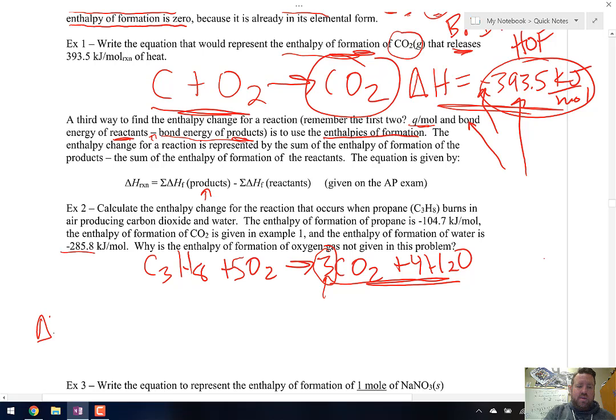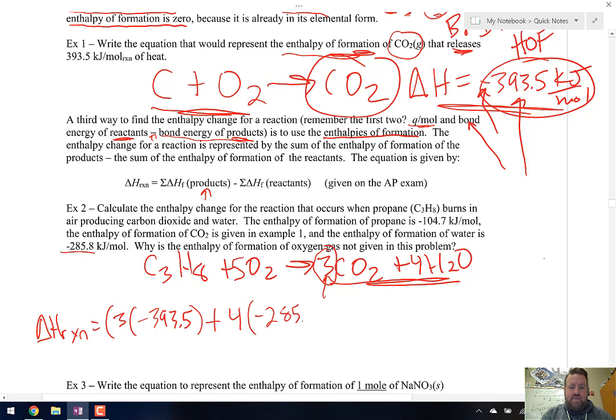Well, here we've got 3 moles of CO2 produced. So the enthalpy change for the reaction is going to equal the sum of the enthalpy of formation of the products. So 3 times negative 393.5 plus, now we're going to go to water, and there's 4 of them, so plus 4 times negative 285.8.